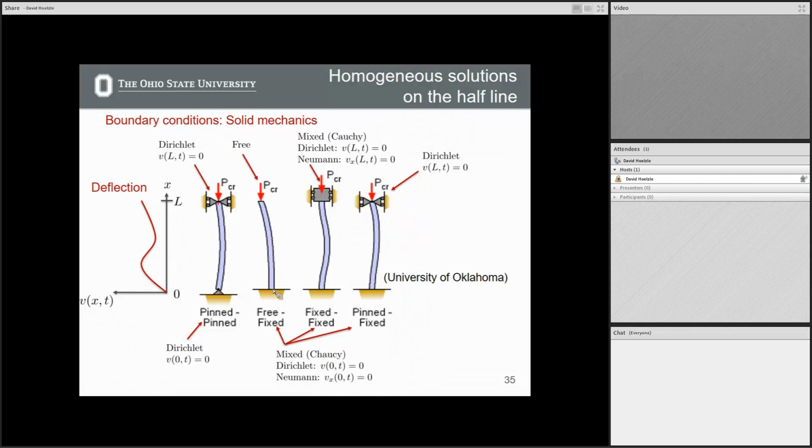So that means that at this boundary, the slope of this beam is equal to 0. Here, which you probably see in solid mechanics classes before, this would be a Neumann boundary condition. So these are mixed. And then this would be an example of Dirichlet-Neumann as well.